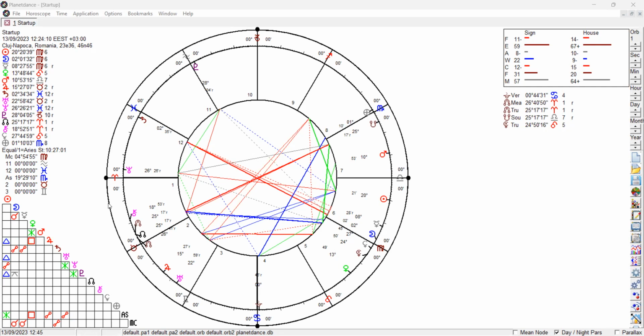Now, the fixity. The first fixed sign is here, you can see Taurus. So Taurus holds value. Taurus is about everything that we embody. And everything that we embody, we have a very strong connection to it, a feeling to it. What does it mean to us?